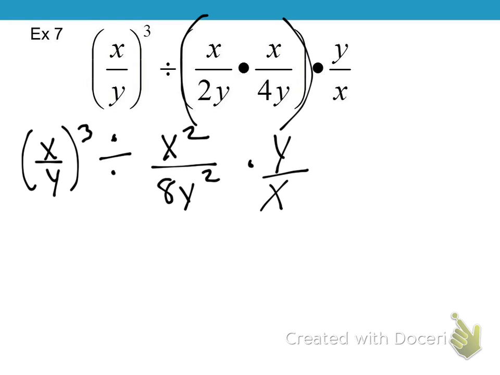All right, so parentheses, then what? Exponents. So each of these is to the 3rd power. So x to the 1st to the 3rd is x to the 3rd. Y to the 1st to the 3rd is y to the 3rd.